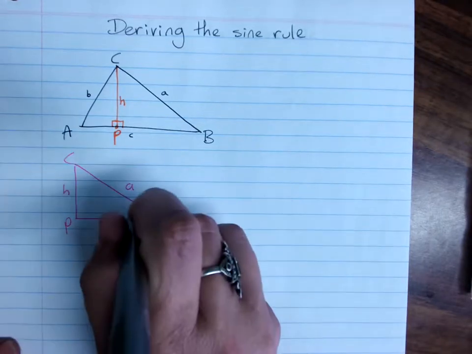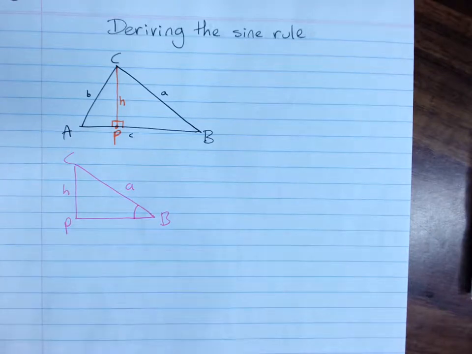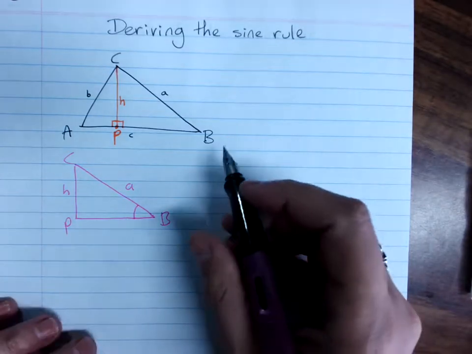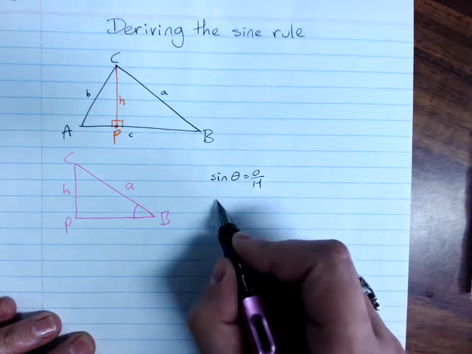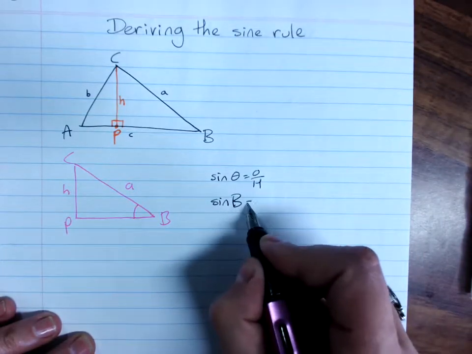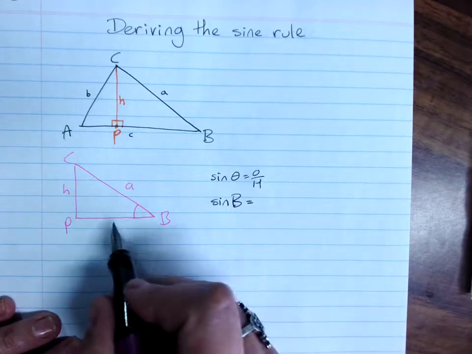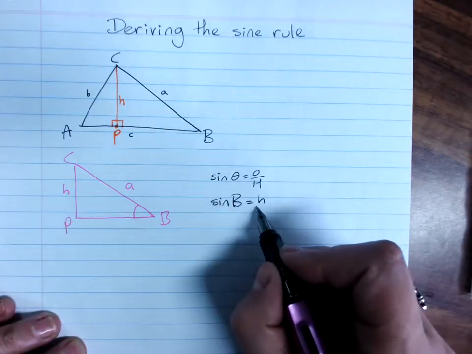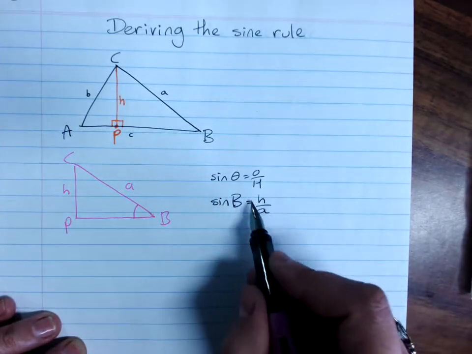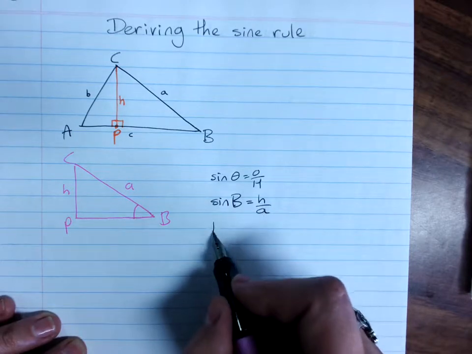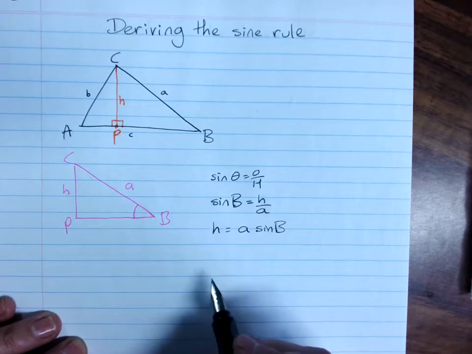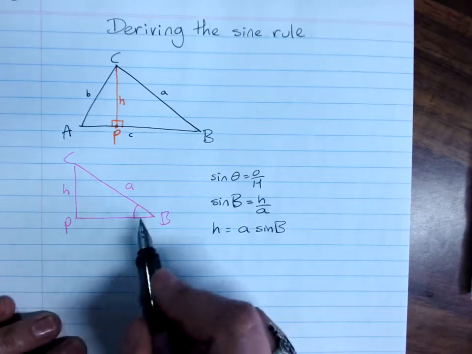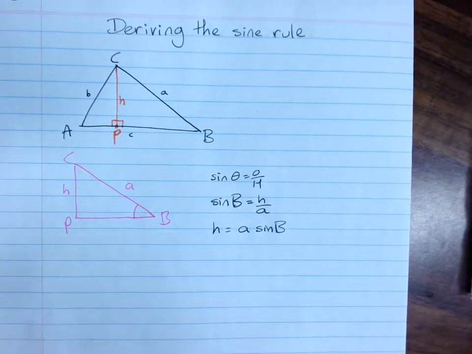If we look at angle B, sine of that angle is opposite over hypotenuse, so sine of angle B is H over A. If I rearrange that to be in terms of H, H will be A sine B. And that's just from that triangle.